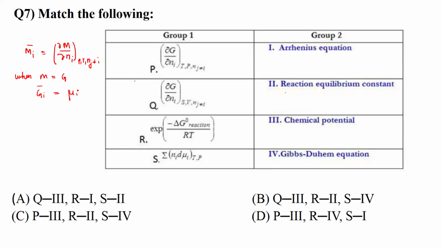So coming to the seventh question, here we have dou G by dou Ni. So you remember that Mi bar is equal to dou M by dou Ni. Then when the M is G here, it is called mu i, and this is called the chemical potential, right? Then we see one more thing here. The exponential of minus delta G by RT is equal to K, the reaction equilibrium constant.